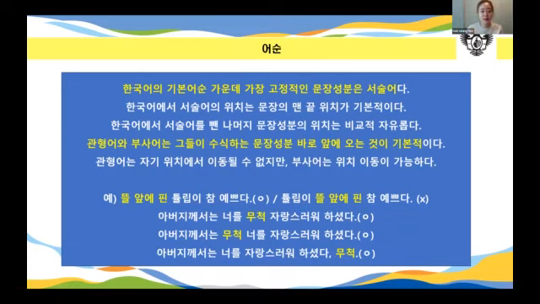Except for the predicate, the position of the remaining sentence components is relatively free. It is basic that adnominals and adverbs come immediately before the sentence elements they modify. Adnominals cannot move from their position, but adverbs can move.